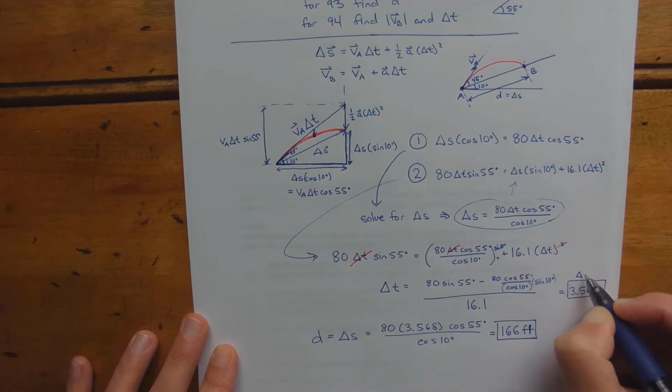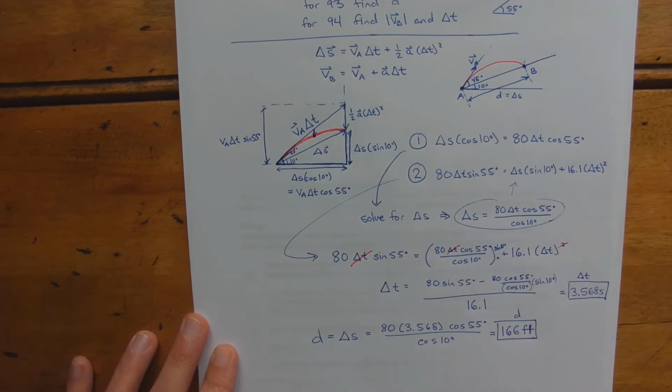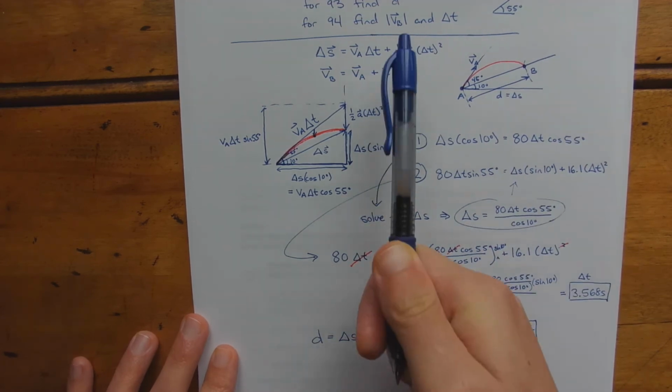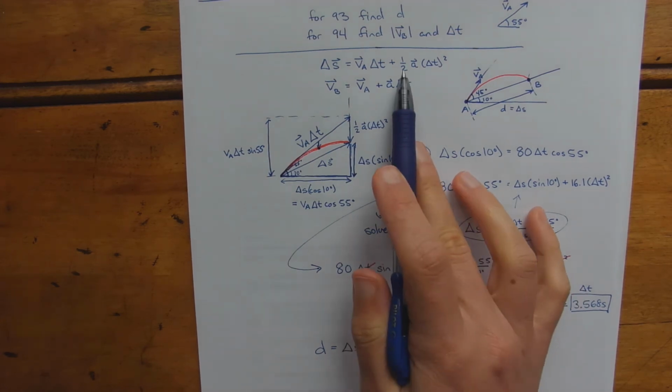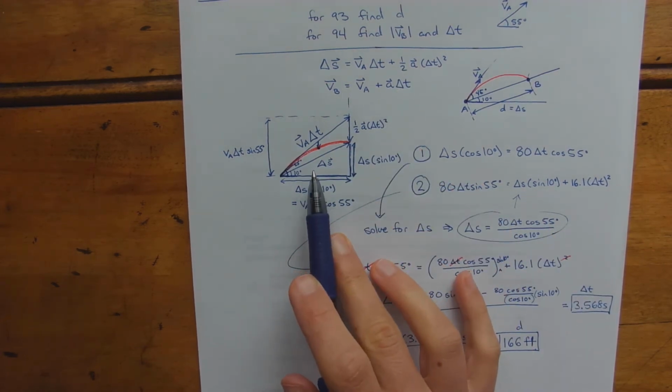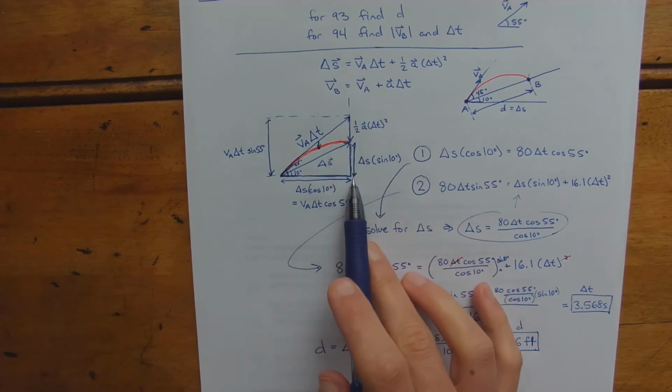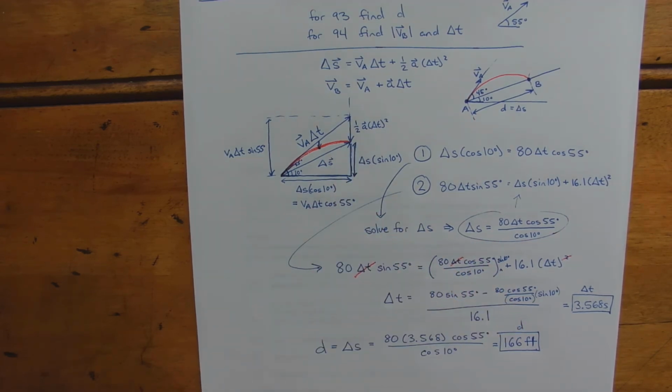Okay, so this is delta t, this is d, and now we just have to find the final speed. So when you're solving a projectile motion problem, my method of attack in general would be to draw the vector diagram, look at the horizontal sides, look at the vertical sides. You should have 2 right triangles, so use those 2 right triangles, compare the horizontal side, and then use the same 2 triangles, compare the vertical sides.